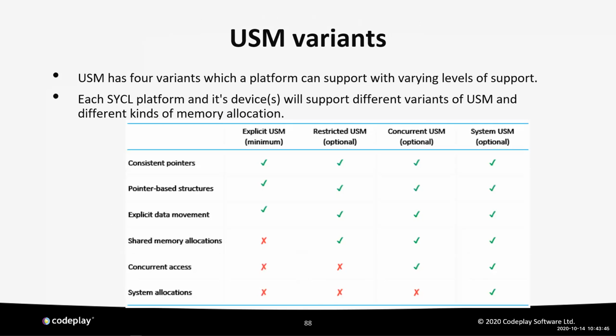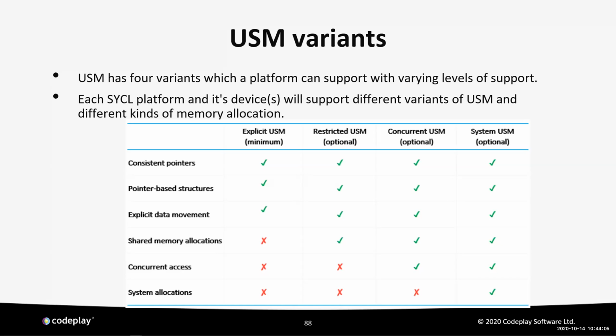USM basically has four variants, which a platform can support with varying levels of support. Each SYCL platform and its devices will support different variants of USM and different kinds of memory locations. At the minimum, you have to support explicit USM, which has consistent pointers, a pointer-based structure, and explicit data movement.